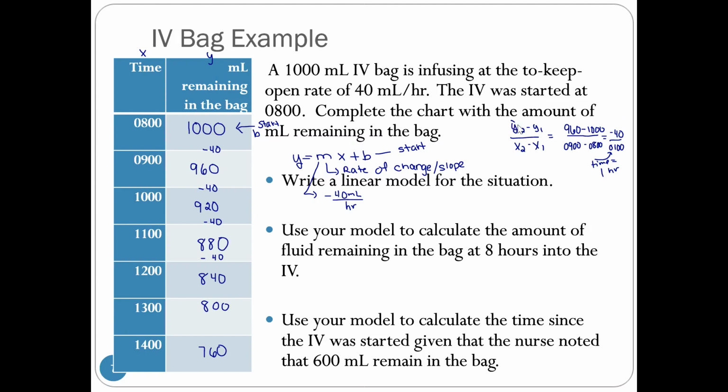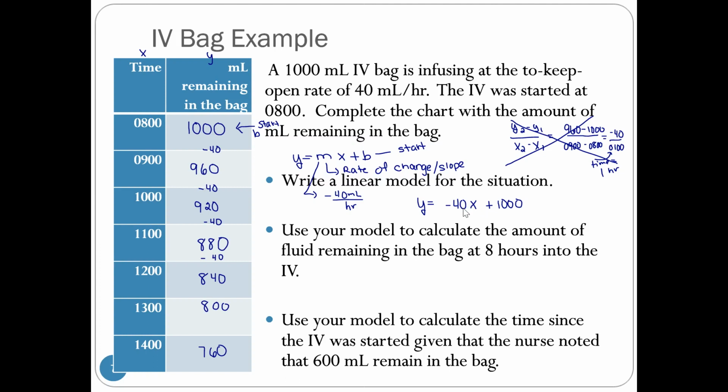And I feel like that is the better way as opposed to using a formal slope formula. So combining what we have reasoned out, we would fill in y equals negative 40x plus 1,000.